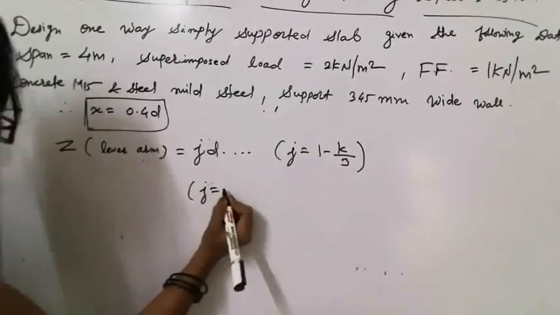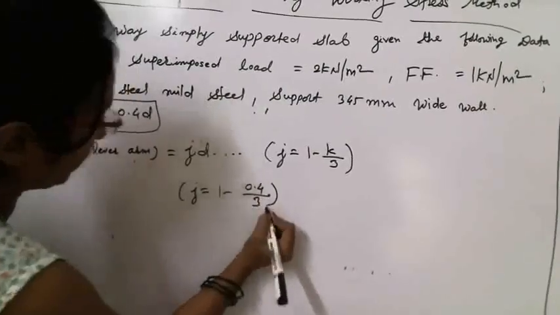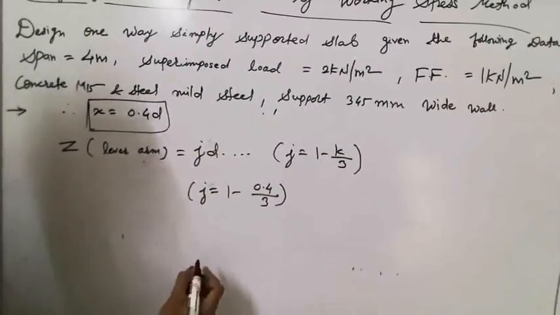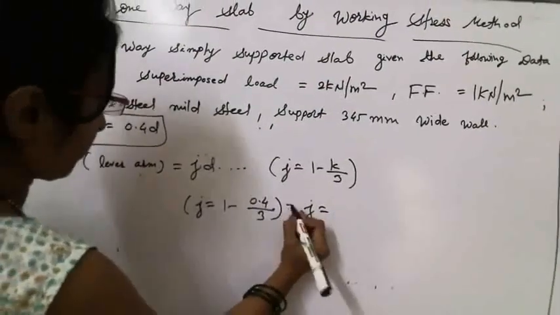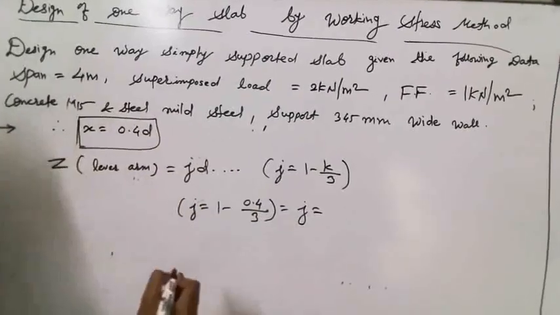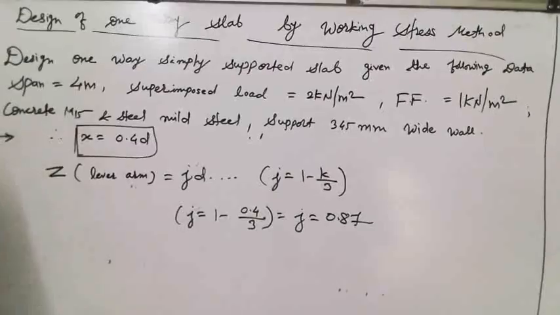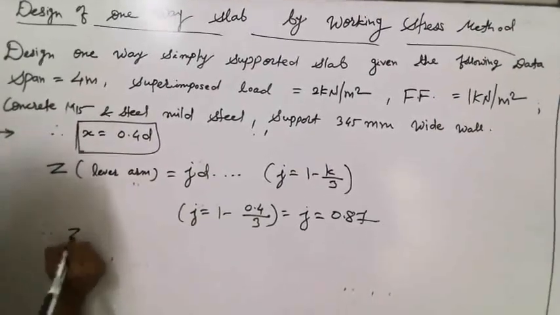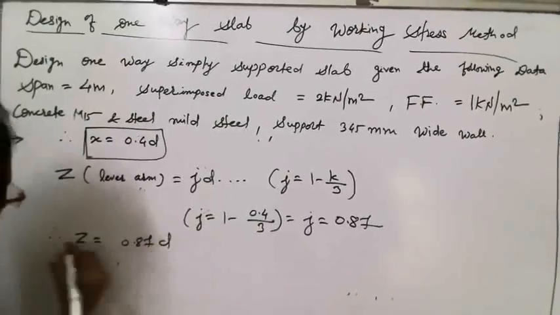So j is equal to 1 minus 0.4 by 3. What will we get? The value of j is 0.87. And therefore z is equal to 0.87 d.